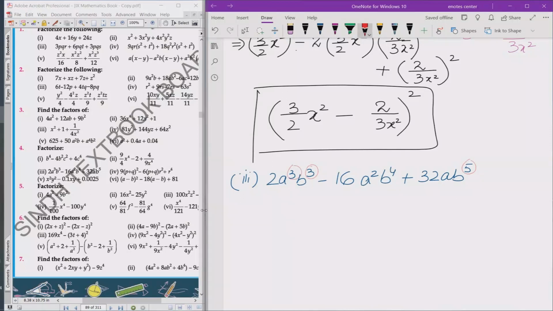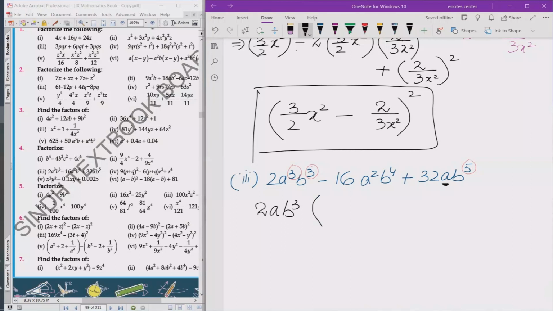So first we will take a common factor in all terms here. We will take common 2. 2 is common here, and A's lowest power is A, so we will take A here, and what about the B? In B we have b cube common here.